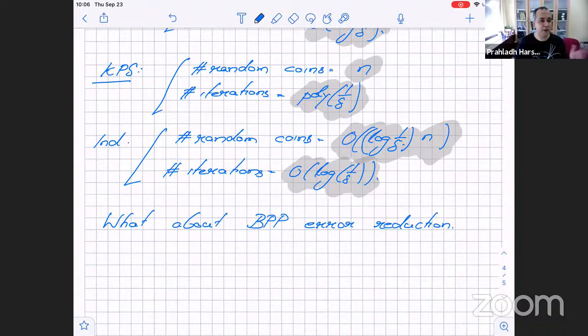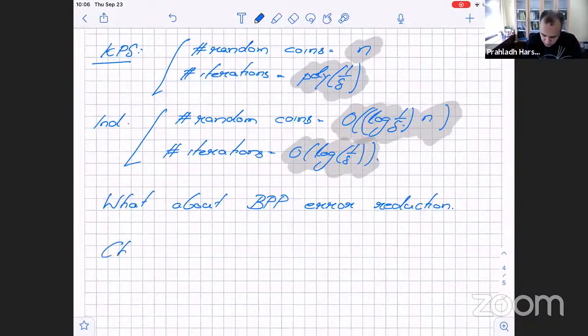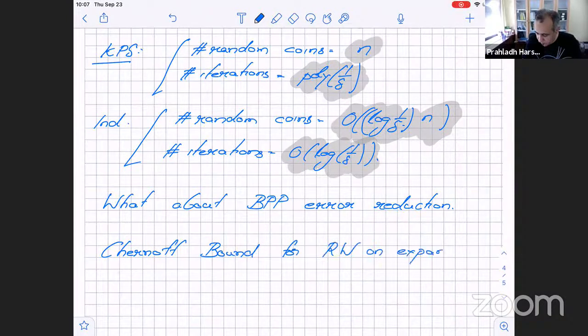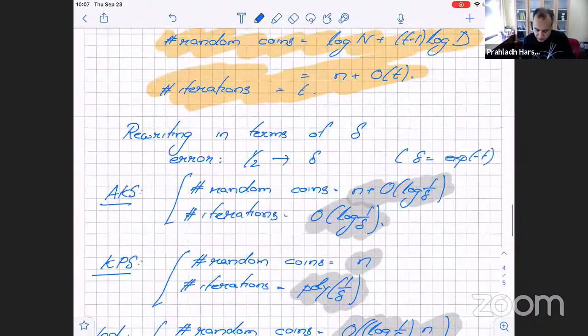Okay, so it's majority plus Chernoff. Somebody said in the chat. Yeah, majority plus Chernoff. Now you can ask, is there a similar Chernoff bound for a random walk on expanders? In fact, it is true. So what we will show is that there's a Chernoff bound for a random walk on expander graphs. And the setup is similar. So let me copy the setup.